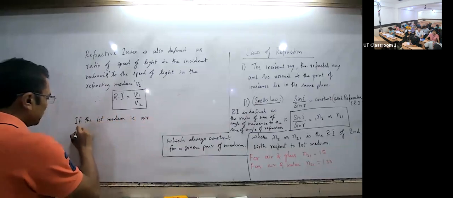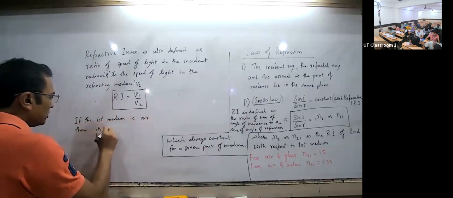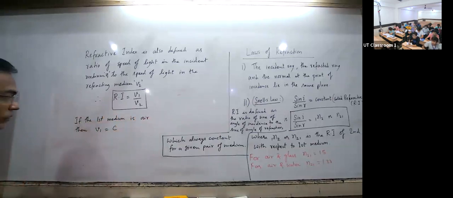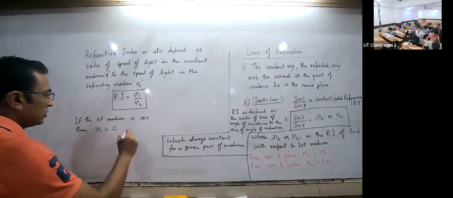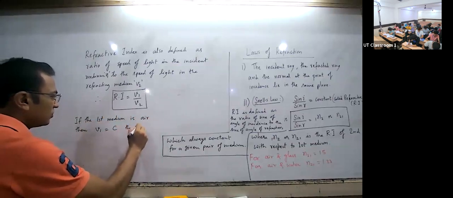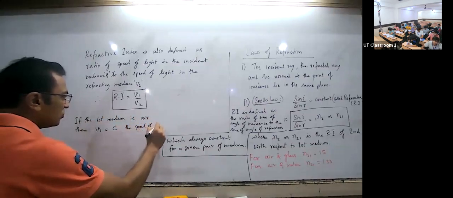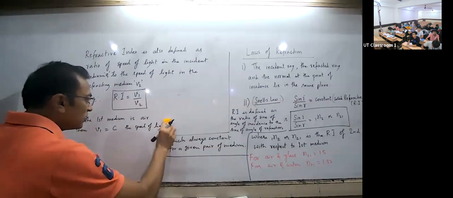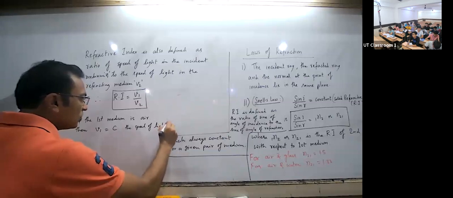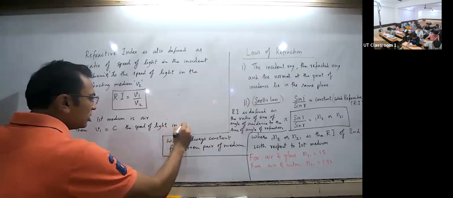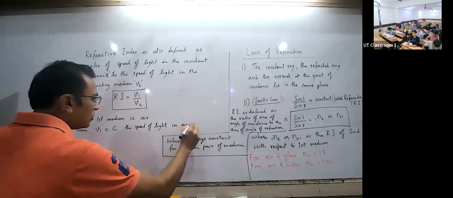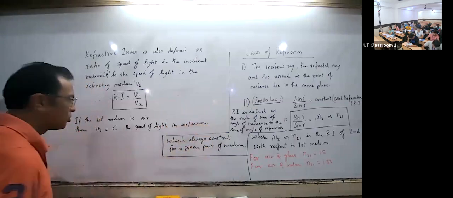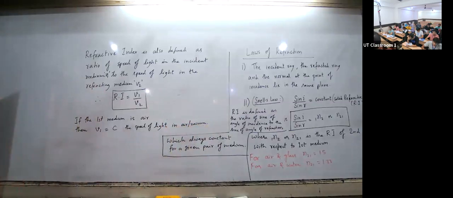Then V1 is equal to C, the speed of light in air or vacuum. So speed of light in air or vacuum is taken as C.